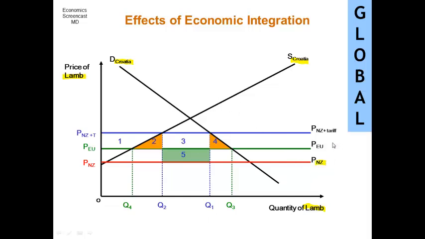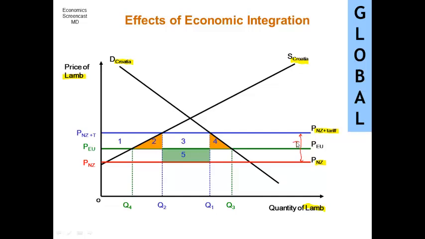New Zealand producers would be producing at the lowest cost, and the price of lamb in Croatia would be increased by the tariff imposed on lamb imported from New Zealand. This can be shown by the diagram with PNZ plus tariff. And the tariff rate is the difference between the price without the tariff and the price with the tariff.